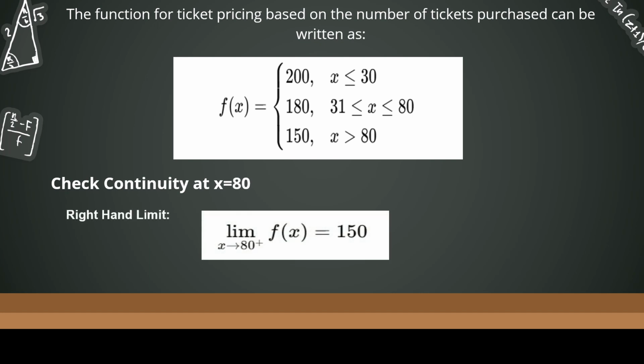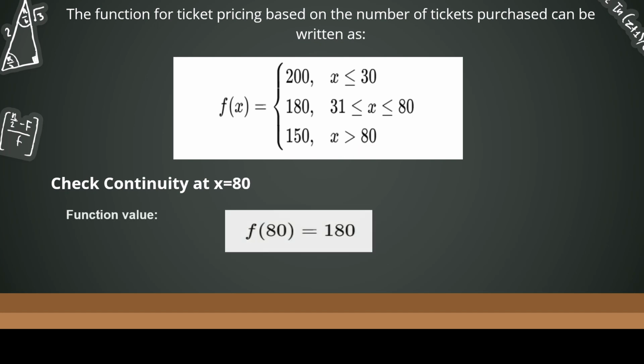Next is to find the right hand limit. Since for x greater than 80, the price is 150 here. At our x equals 80, our function value is 180, since it is given in the pricing function here, 180 if x is less than or equal to 80.